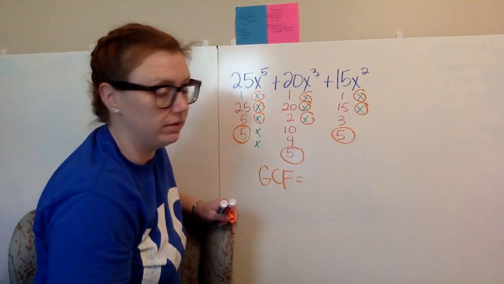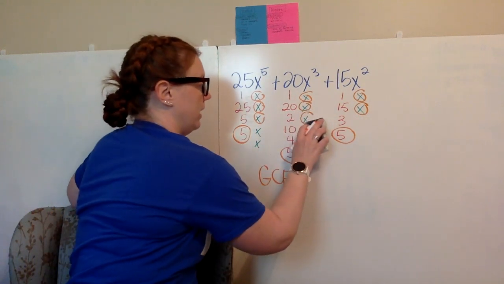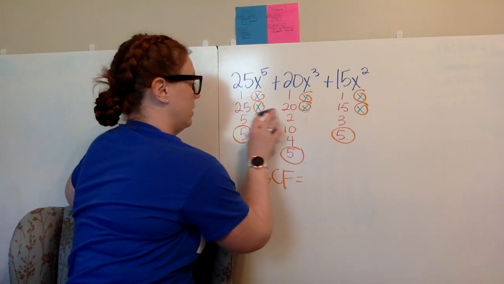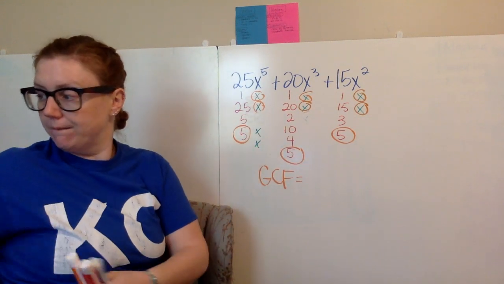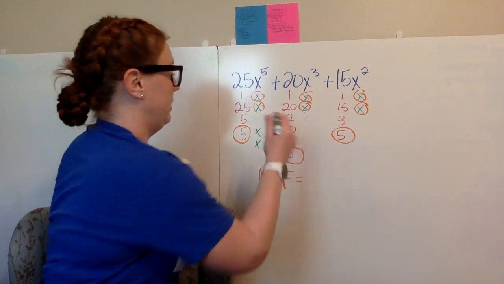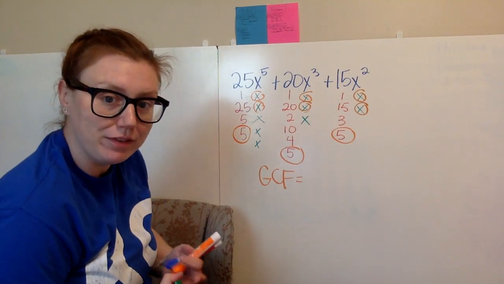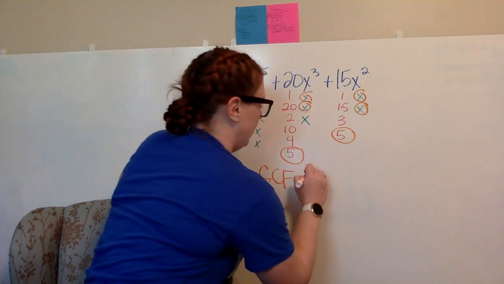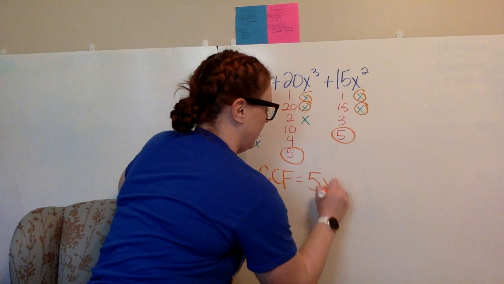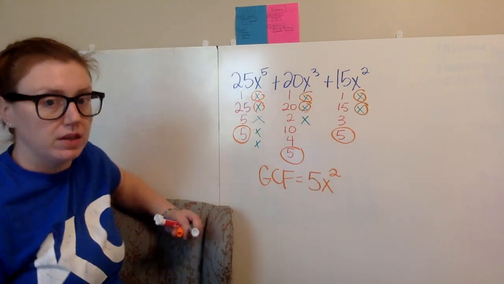Uh-oh, not 3. I'm going to have to take away, let me get my eraser. They only have 2 x's in common. Where did my green go? They only have 2 x's in common. So my GCF, what they all have in common, what they can all be divided by, is 5x squared. So that's my GCF.